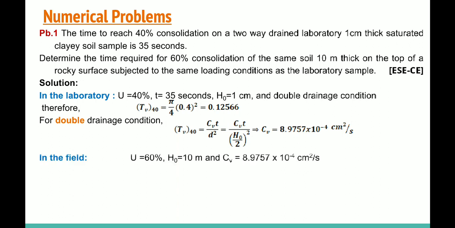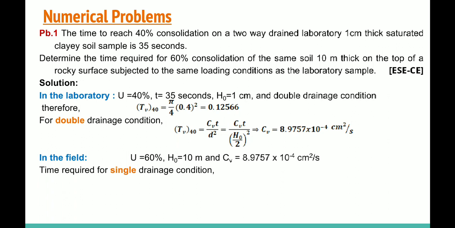Okay. So in the field, we have to calculate the time for 60% degree of consolidation, where H0 is 10 meter, where the Cv value is 8.9757 into 10 to the power minus 4 centimeter square per second. So again we can apply this relation for single drainage system. In the question it is mentioned that 10 meter thick on the top of the rocky surface.